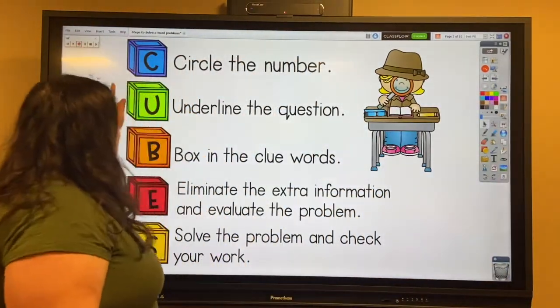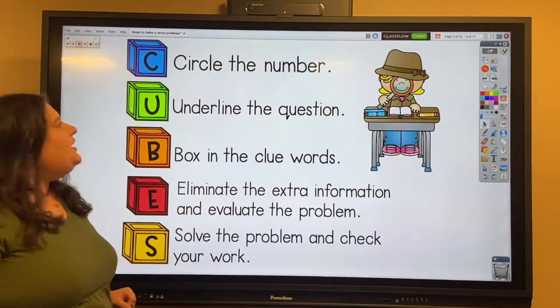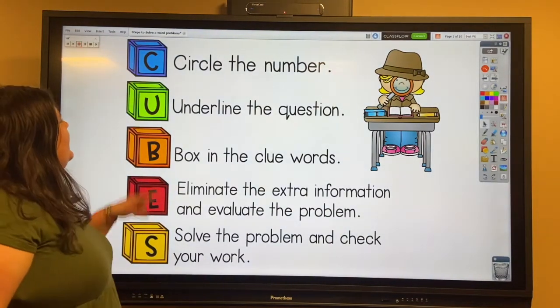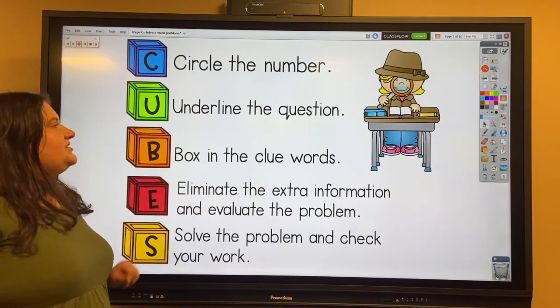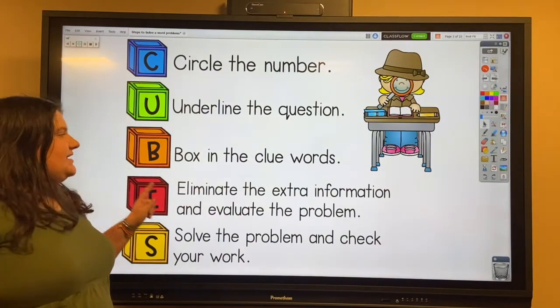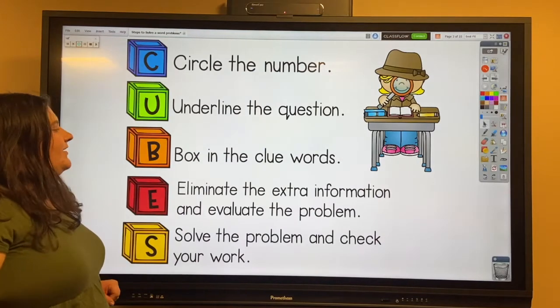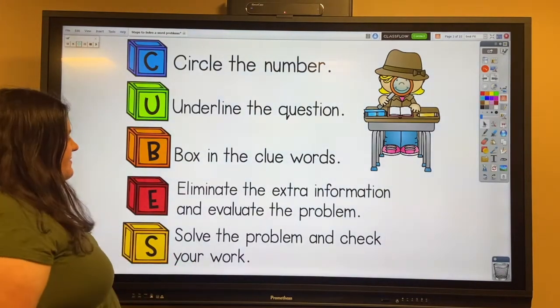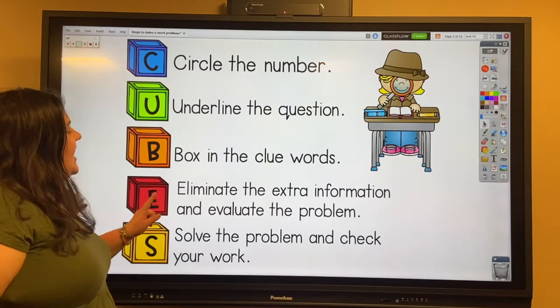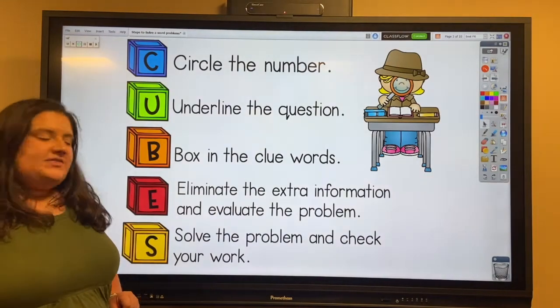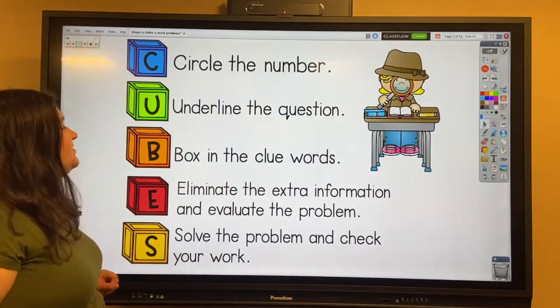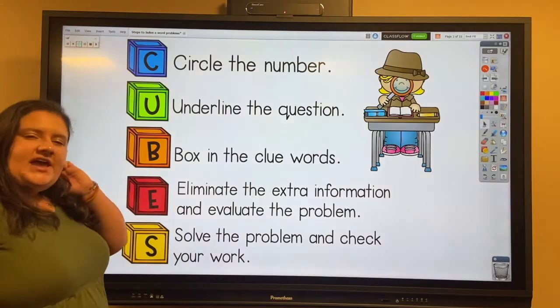Our first step is C: we're going to circle the numbers. Then U, we're going to underline the question. Then B, we're going to box in the clue words. And then E, we're going to eliminate the extra information by crossing it out, and we're going to evaluate the problem. Then S, we're going to solve the problem and check your work.